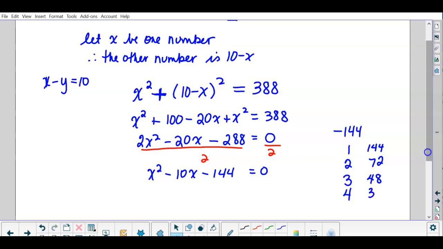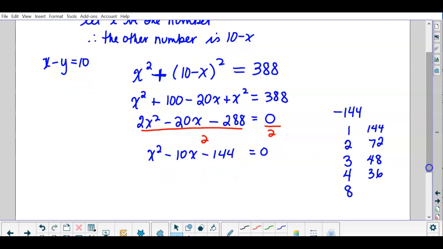Is it 8 and 18? Okay, so let's just do this. Actually, you would probably go 6 if you were doing these in order. 2, 4, 8, and 18. Okay, so those are the factors. One has to be positive, one negative.